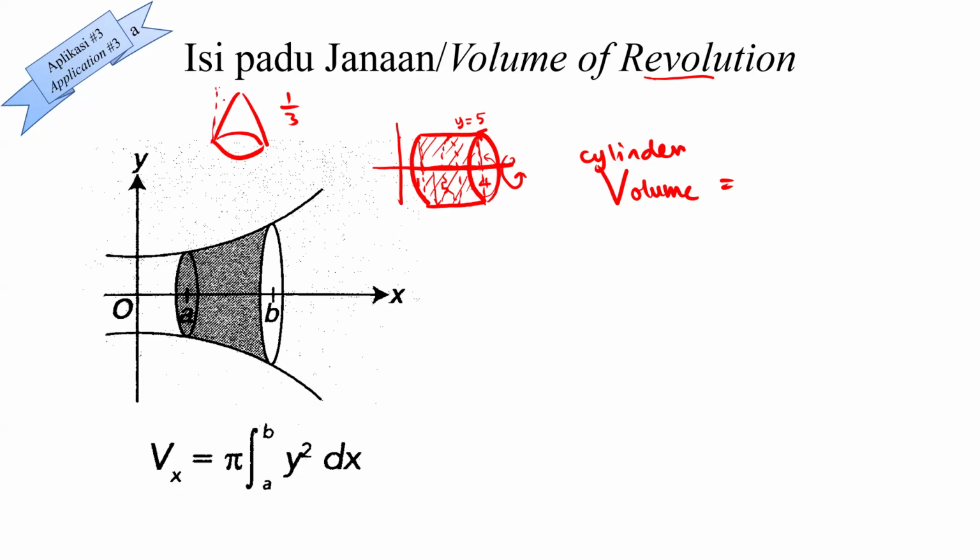Because the cone is actually coming from the cylinder. We dig out all this, from the center we take away the excess block of the wood. What is left behind is only 1/3 of your pi r square h. This is the volume of cylinder. That is the reason for 1/3.